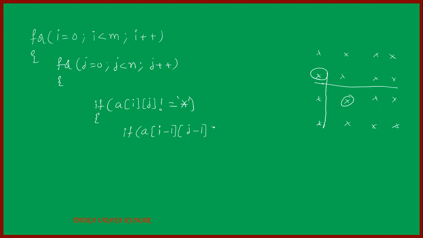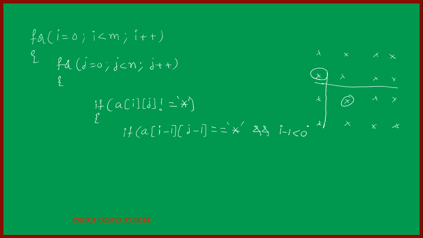If it is equal to star, and I am going to verify this, i minus 1 as well as j minus 1 are not zeros. Sorry, i and j are not zeros. Otherwise, i minus 1 and j minus 1 should not be less than 0.